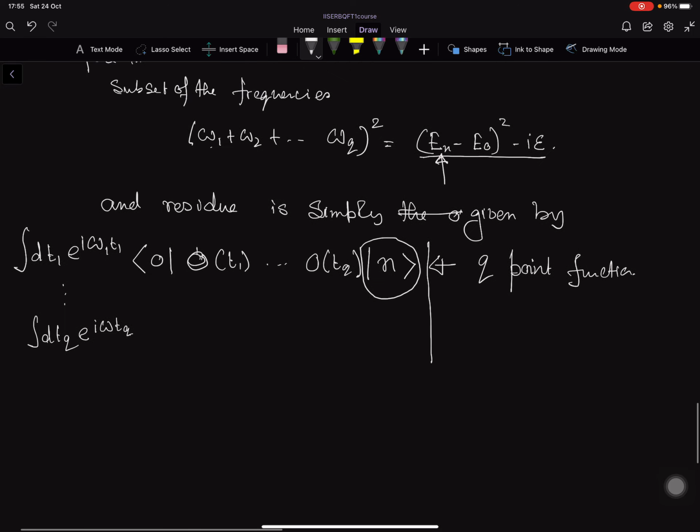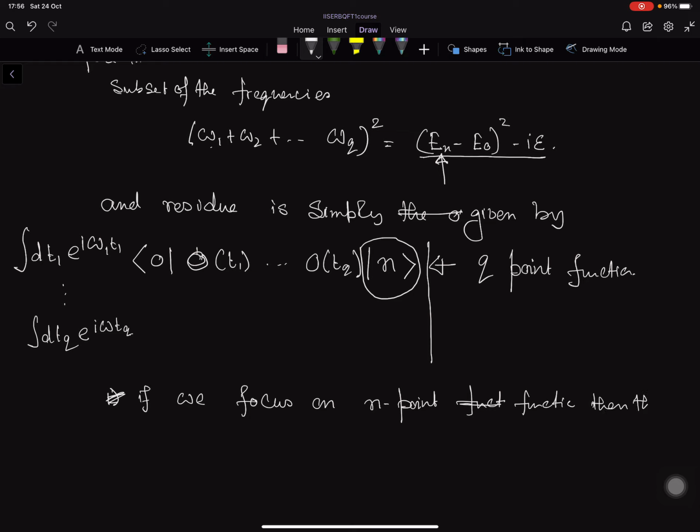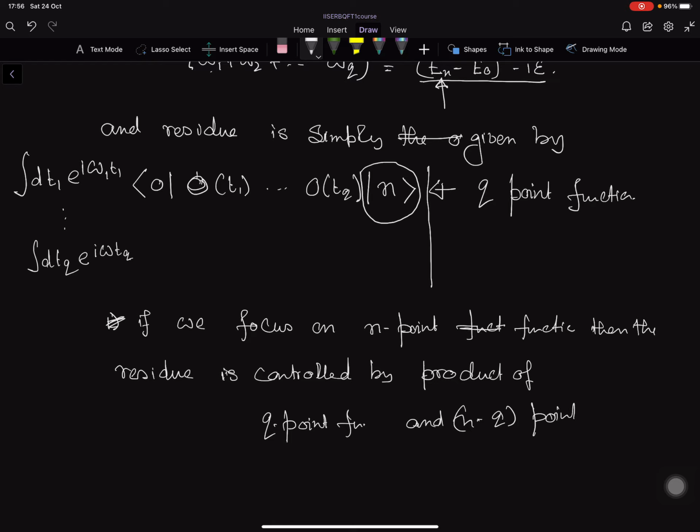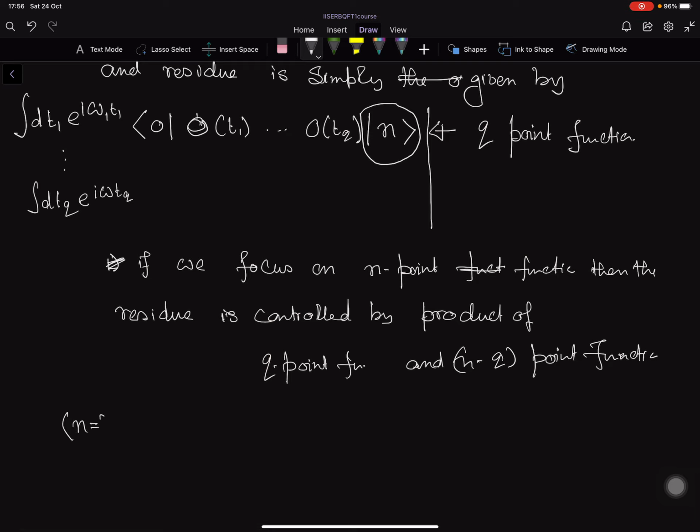So in this case, if we focus on the n point function, then the residue is controlled by a product of a Q point function and an n minus Q point function.